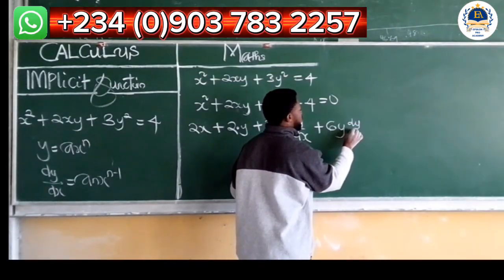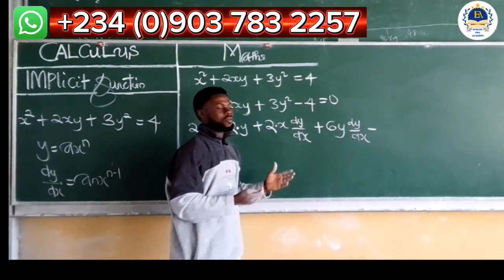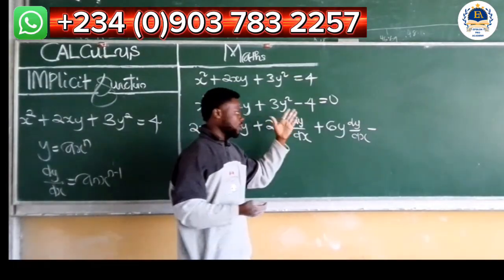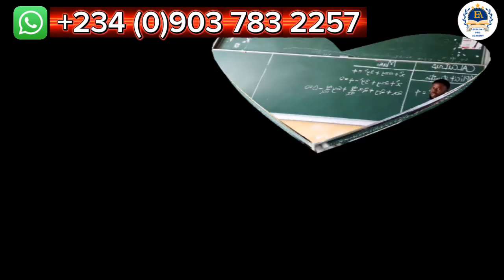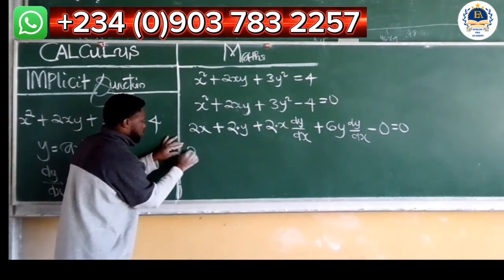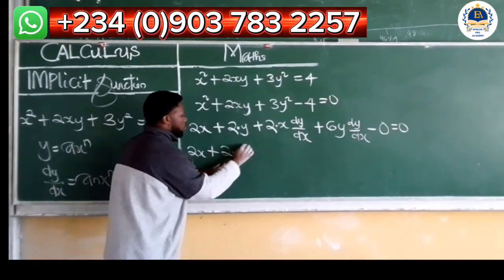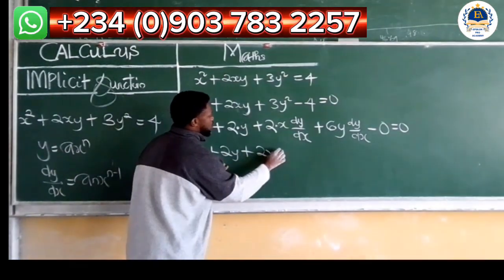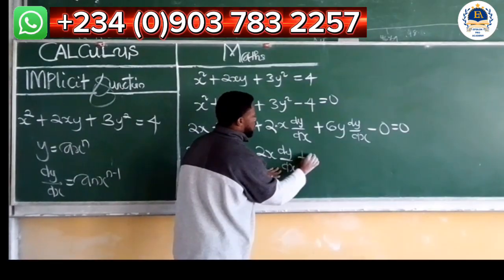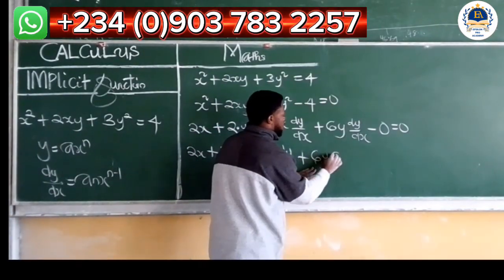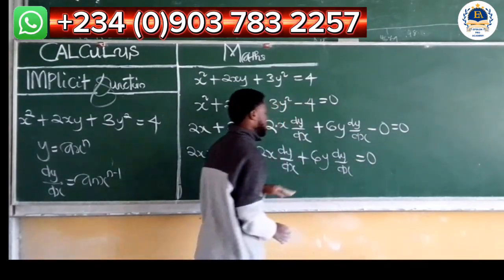Minus the derivation of a constant term, 4, gives 0, and this is equal to 0. So this gives 2x plus 2y plus 2x dy/dx plus 6y dy/dx is equal to 0.